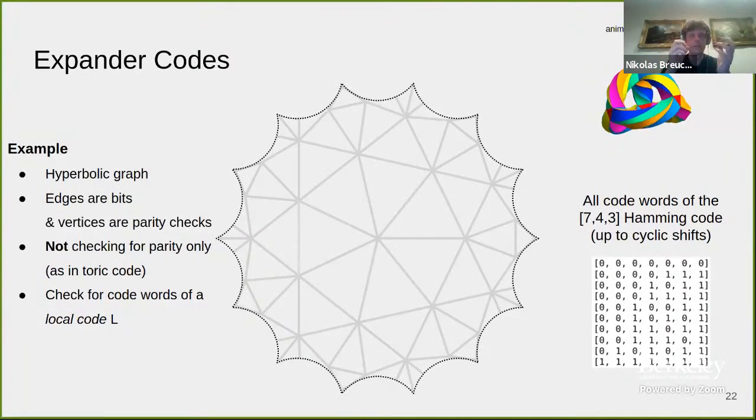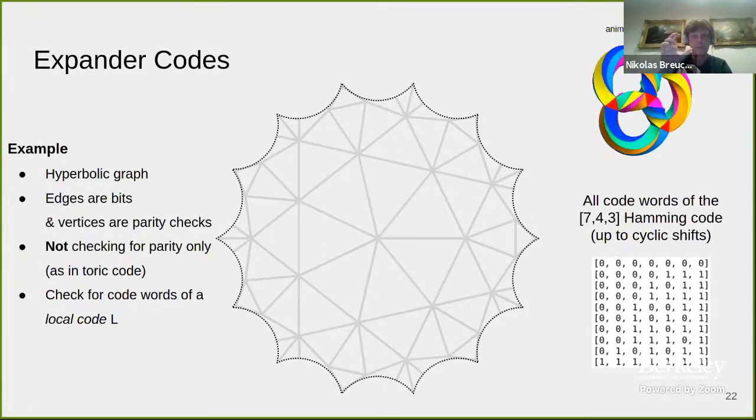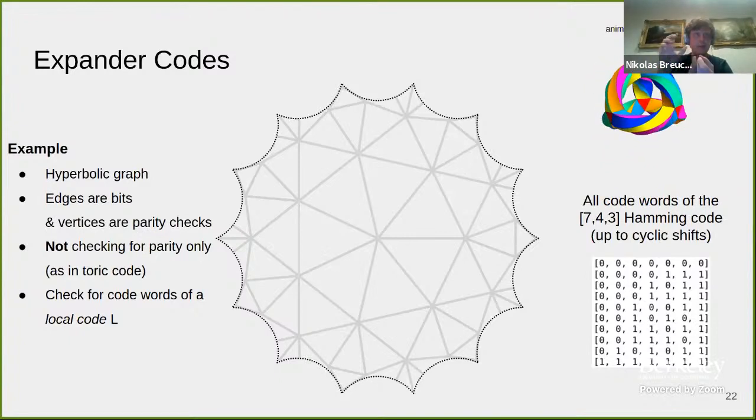So I don't want to define parity checks by putting qubits on the edges and then measuring the parity of all edges belonging to a single vertex.